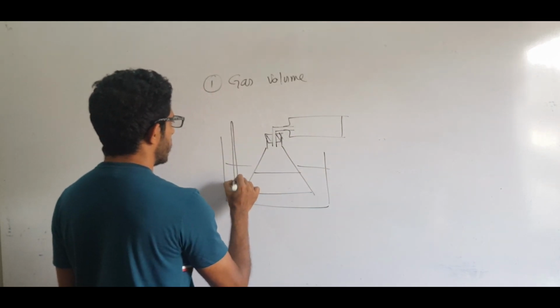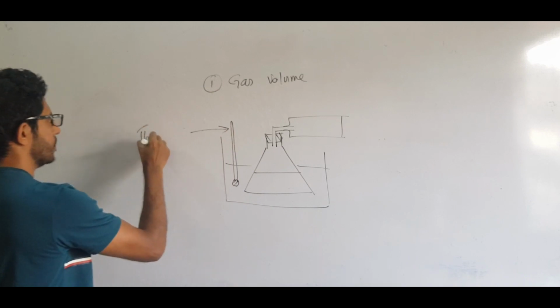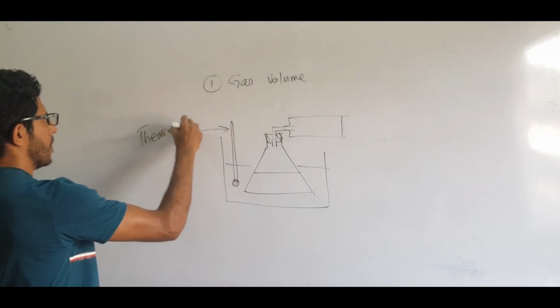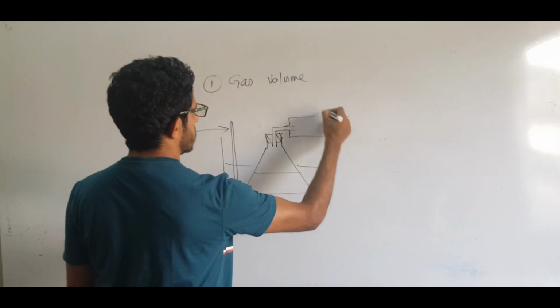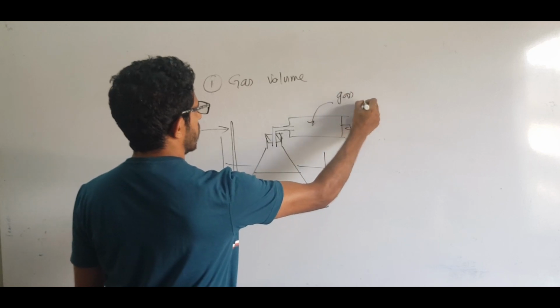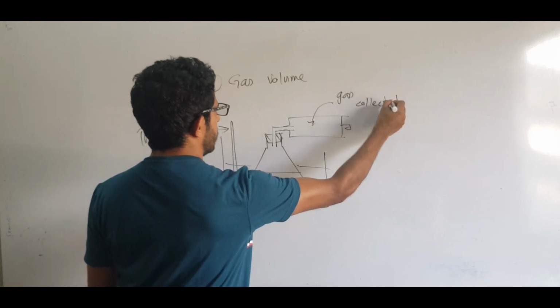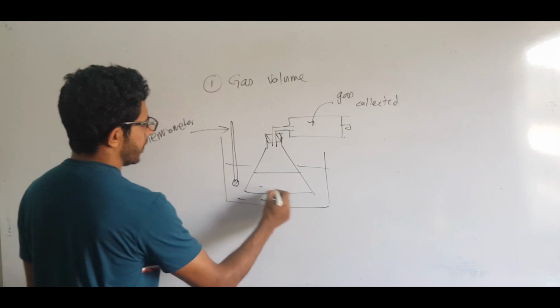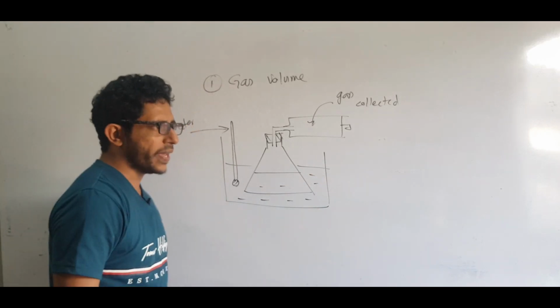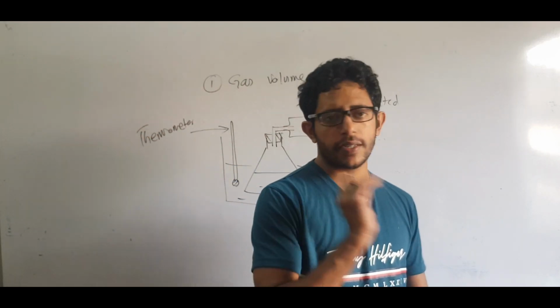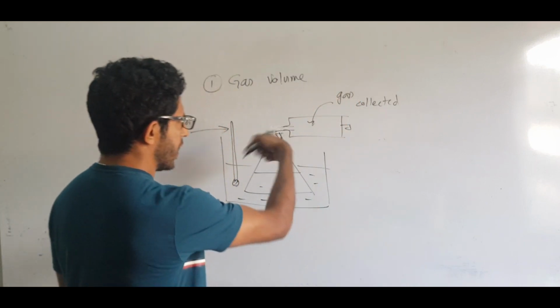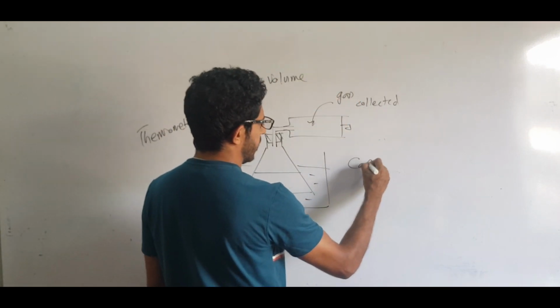This is the thermometer. This one is the gas syringe, and this is the gas collected. So we can measure the time taken to produce a certain volume of a gas, or we can measure the volume produced for a certain time period.